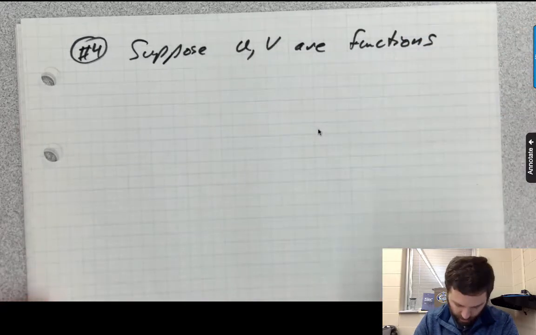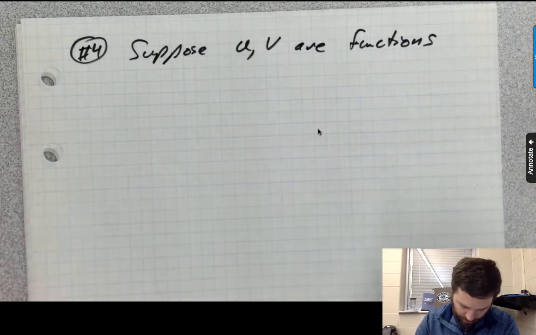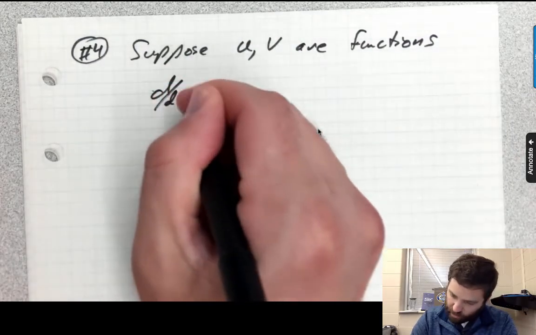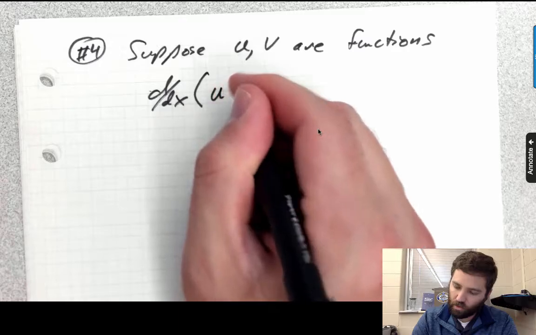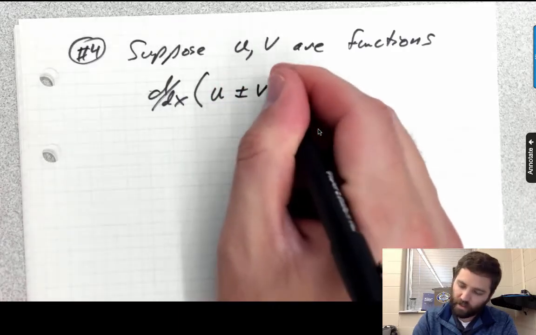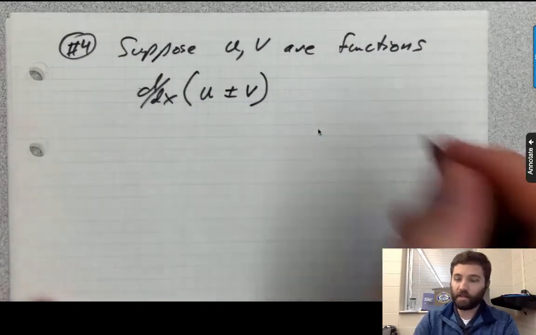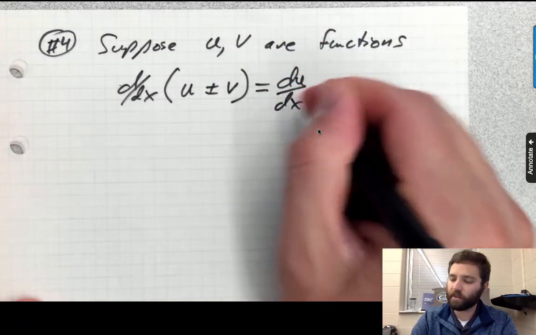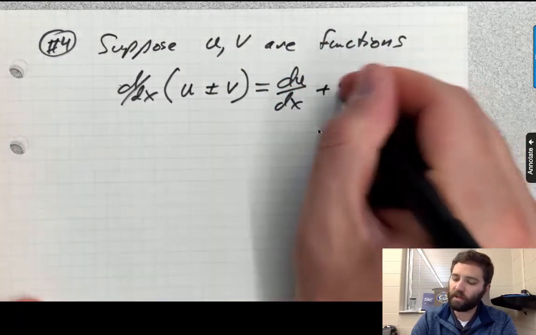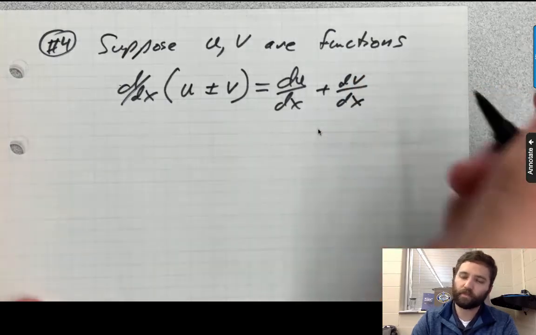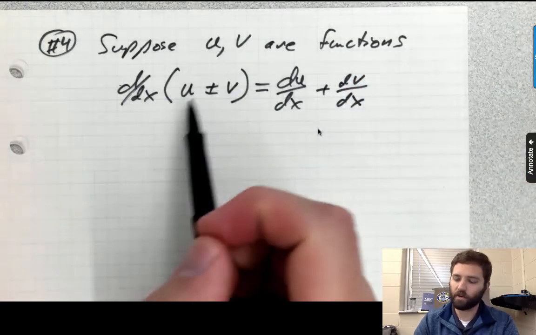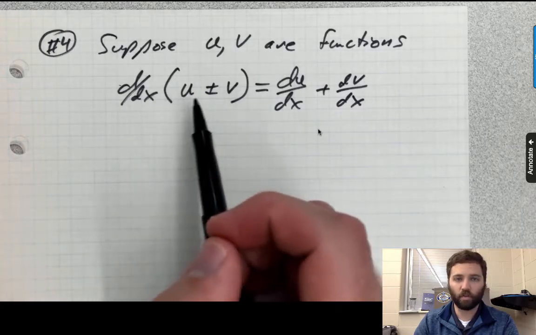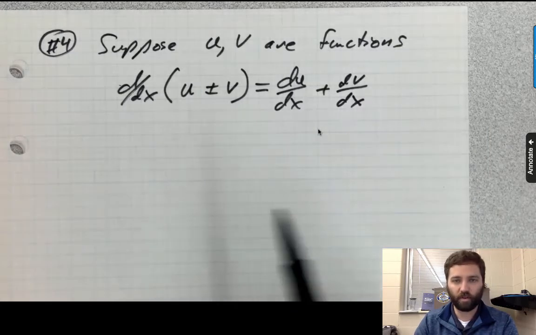Then we can write that the derivative with respect to x of u plus or minus v is equal to the derivative of u with respect to x plus the derivative of v with respect to x. So in other words, if you have the sum of two functions, you can take the derivative of each one individually and then add those derivatives together.